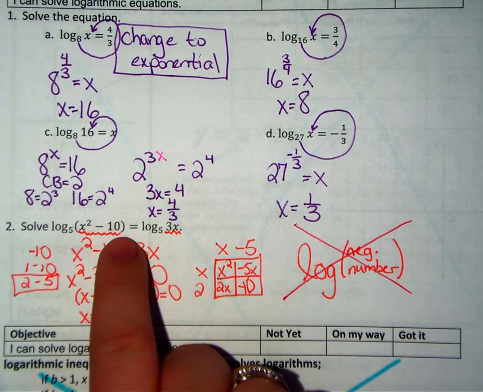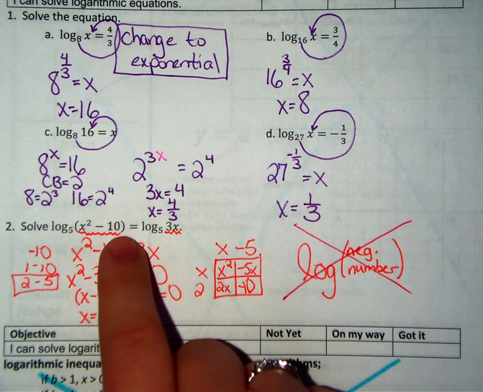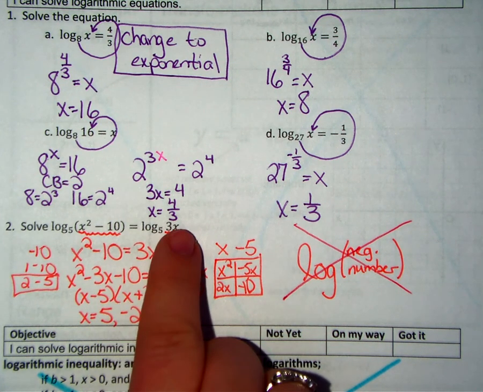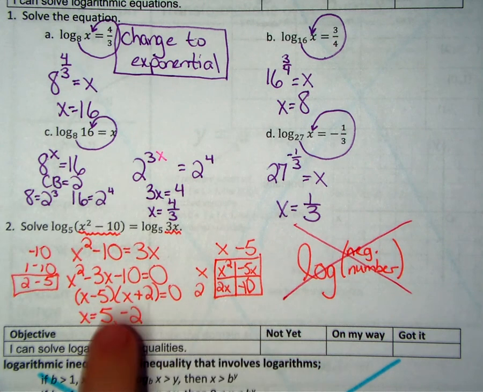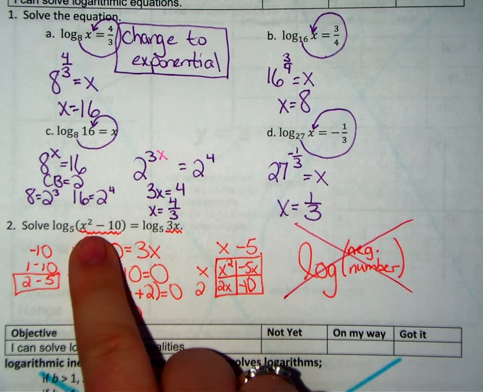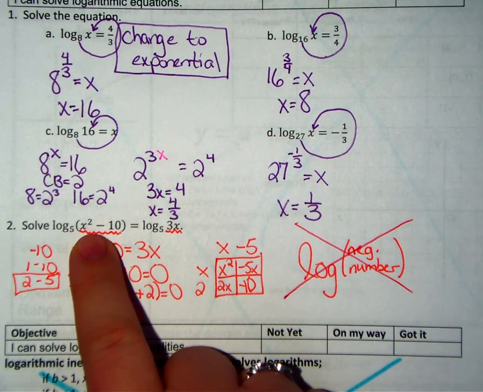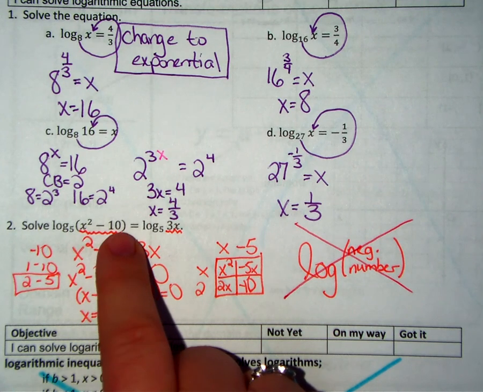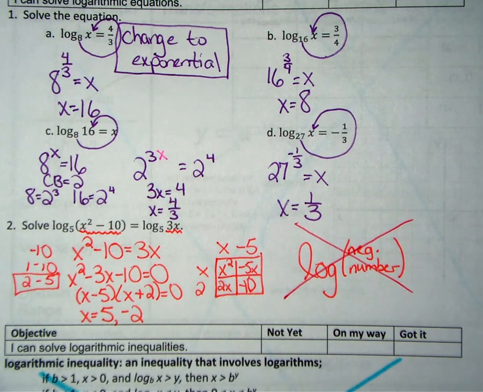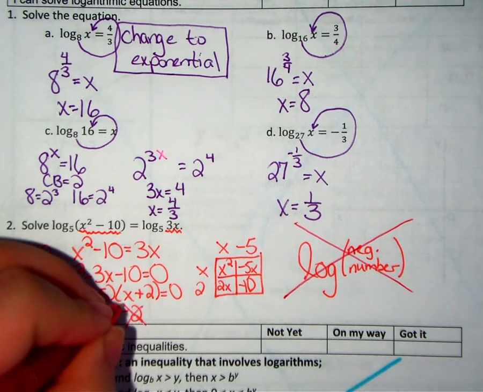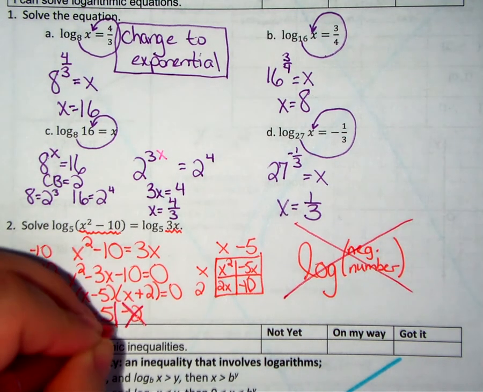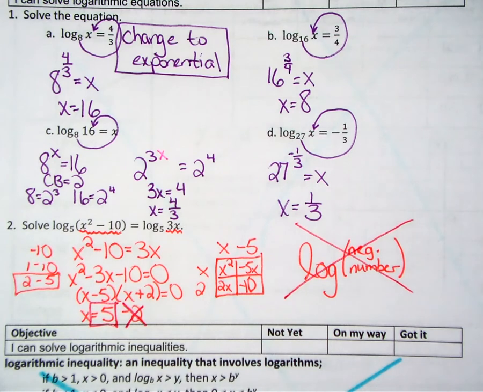If I plugged 5 back into the x squared minus 10, make sure you're not going to get a negative number. 5 squared minus 10, 15, we're good. 3 times 5, 15, we're good. Negative 2, plug back in. Negative 2 squared is 4. 4 minus 10, negative 6. That means that negative 2 cannot be a solution. It's extraneous. 5 is my only solution.